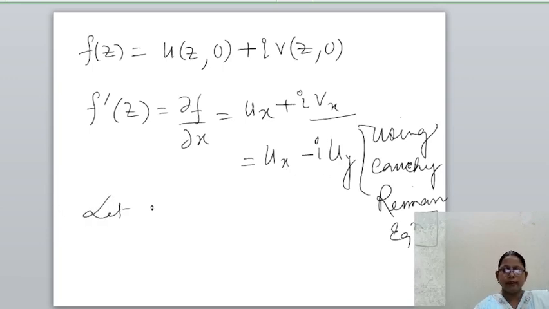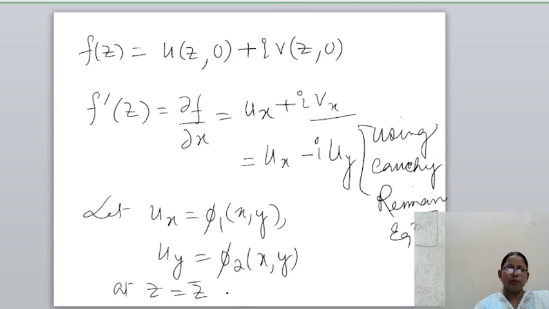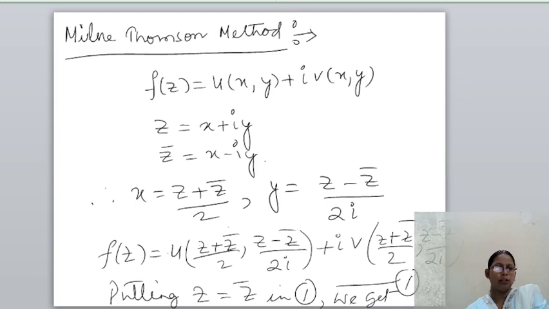Next, let u_x equal φ1(x,y) and u_y equal φ2(x,y). At z equal to z̄, we get x equal to z and y equal to 0.